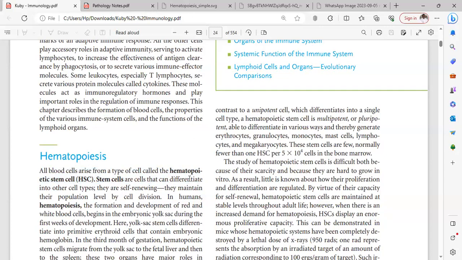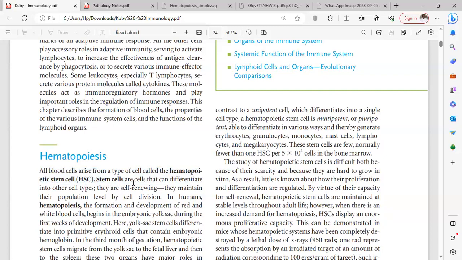Hematopoietic basically means blood, and then stem cells. These are cells that can differentiate into any other cell types. It does not have any specific thing that will lead to its growth, so a stem cell will develop into any other cell.